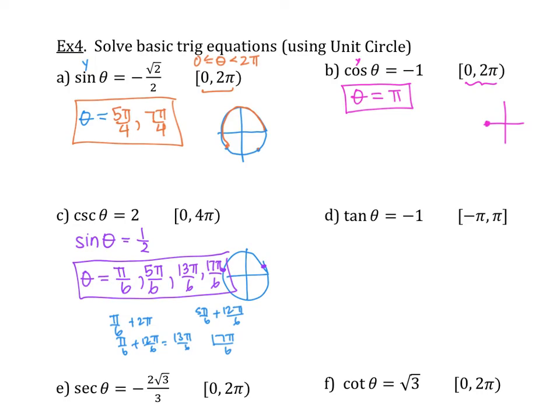Okay, now for the next one, it says the tangent of theta is -1. Tangent requires a little bit more thinking. Tangent is y over x. So I want to figure out where the y and the x basically all cancel, but I'm going to have a negative. So that always happens at those weird root 2 over 2, root 2 over 2 spaces.